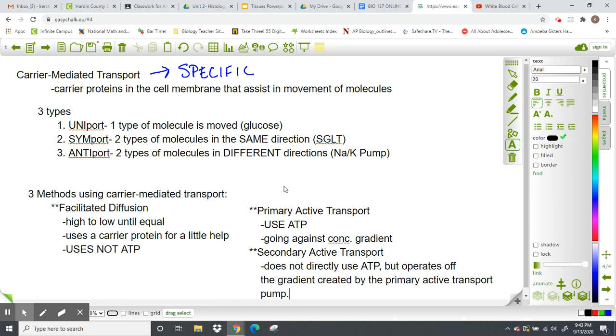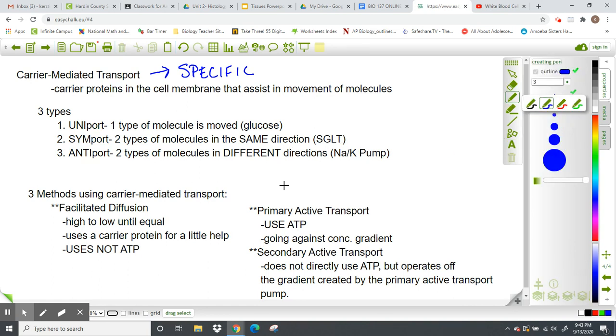The primary active transport does use ATP. An example of a secondary active transport pump in the body, and you'll learn more about this as we go through, is what we call the sodium glucose transport.